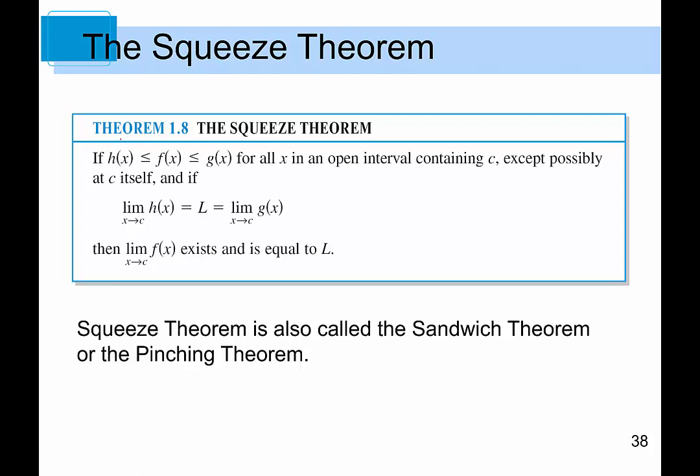If h of x is less than or equal to f of x, and less than or equal to g of x, for all x in the open interval, there are 3 different layers: g of x is on the very top, f of x is in the middle, h of x is on the bottom. Then the limit of h of x as x approaches c equals L, which equals the limit of g of x as x approaches c.